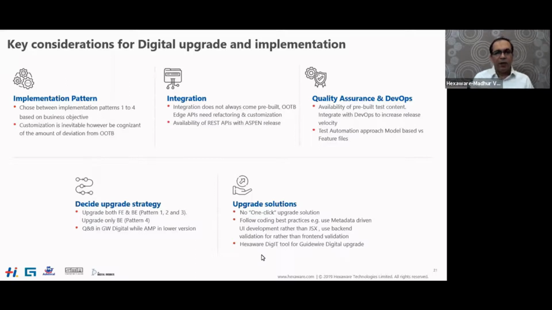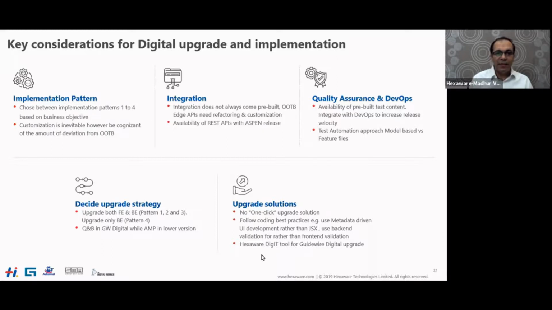We have also been hearing queries from customers like, okay, our quote and buy is available, right? And the quote and buy is now available with the Aspen release also, but the account management portal will get released, say, in November as a part of the Banff release. So if you want to do upgrade now, how will the new Digital 11 portal work with the earlier account management portal that they already have, right?